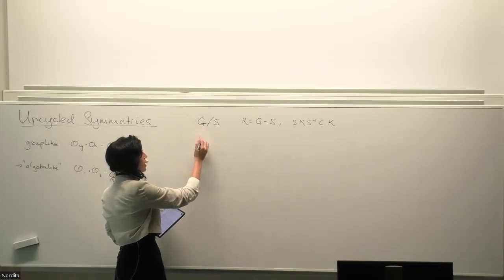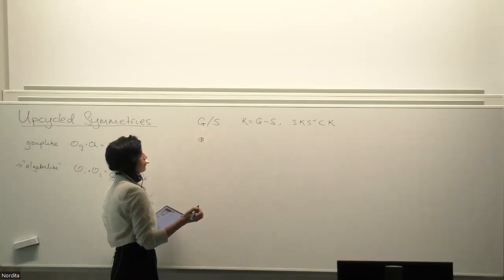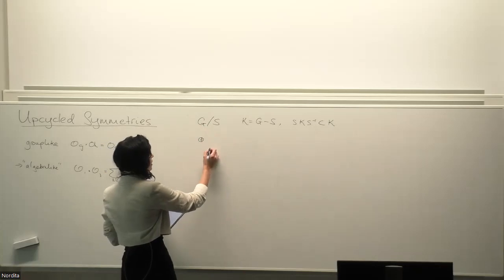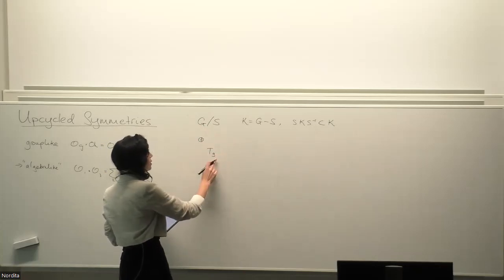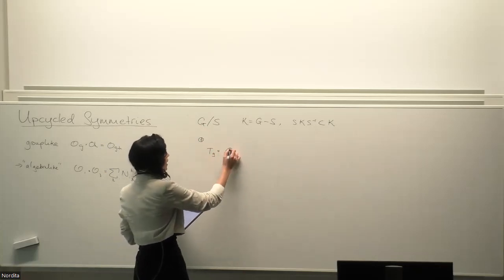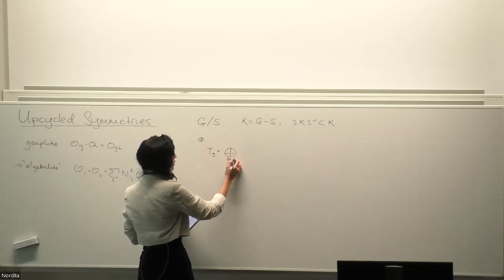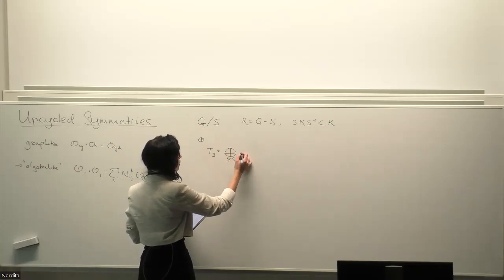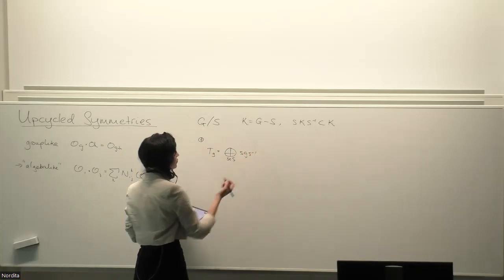So we allow ourselves to add elements of the group with a plus, and we can define a new element, T_g, as the orbit under all the elements of S of the element g.